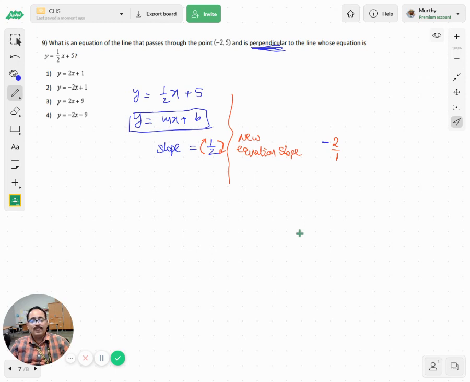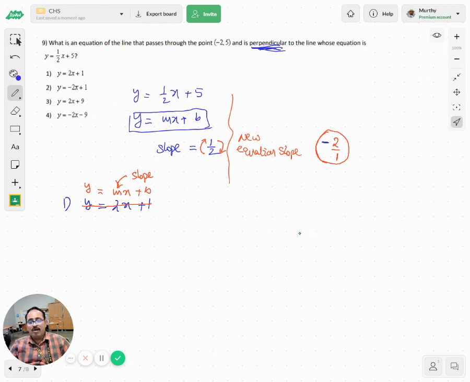Therefore, this is the new equation slope, negative 2. So when I write the equation, look at the first option. If I take option 1, y equals 2x plus 1, friends, don't forget that always you have to write in the form of y equals mx plus b, and we know that this is the slope. I know that my slope should be negative 2. I don't see negative 2 in the first one, so I'm dropping this option.